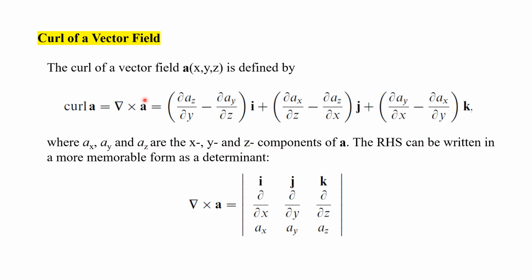The right-hand side can be written in a more memorable form as a determinant, because this is a little bit harder to remember. So del cross A, the curl of your vector A, is equal to the determinant where above you have the unit vectors i, j, k, followed by your del operator components: partial over partial x, partial over partial y, partial over partial z, and then Ax, Ay, and Az.